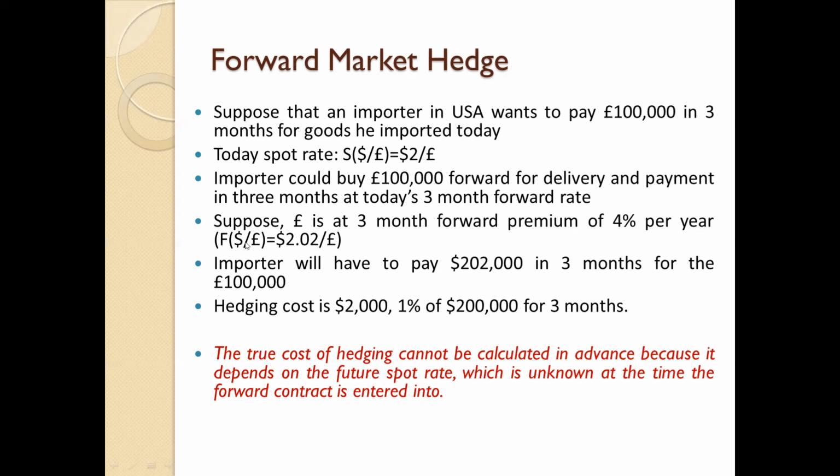So then the forward rate between pound and dollar is $2.02 per pound, because the pound is at a forward premium. Right? So at the end of the 3 months, the importer has to pay $202,000 for the 100,000 pounds.